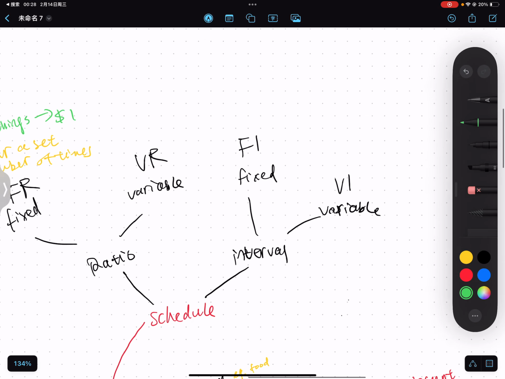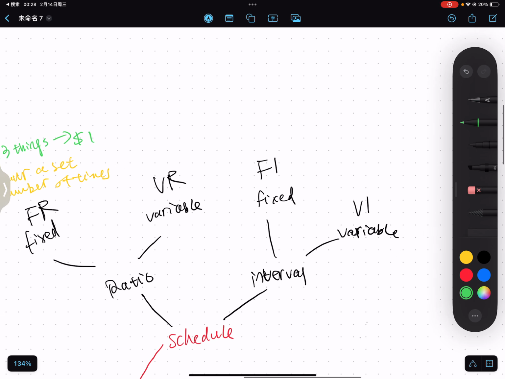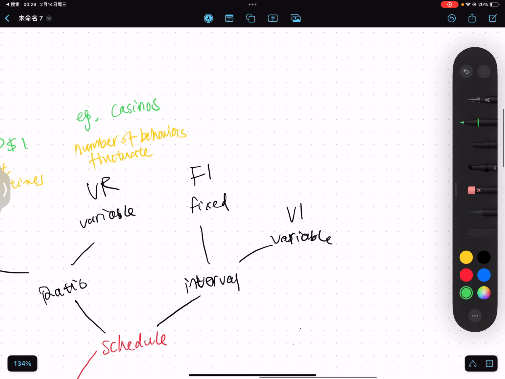And for the VR, the number of times the behavior must occur fluctuates. So the really famous example is casinos. They will give you rewards at different times.